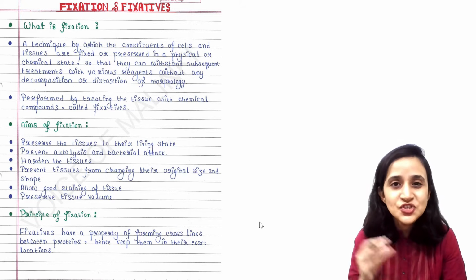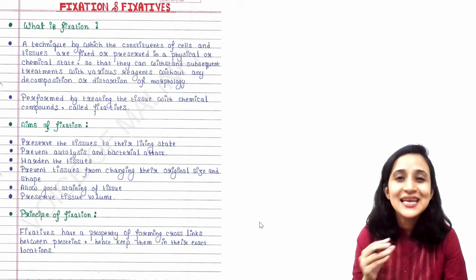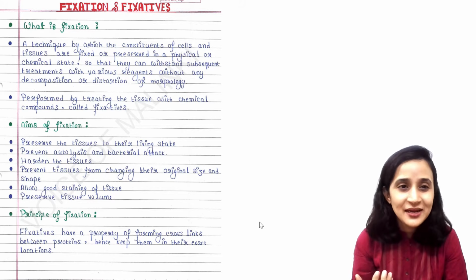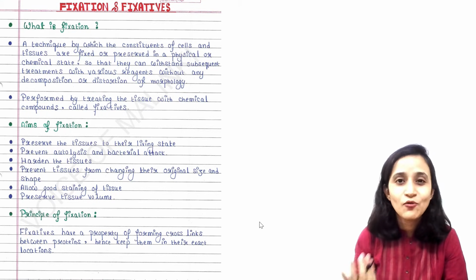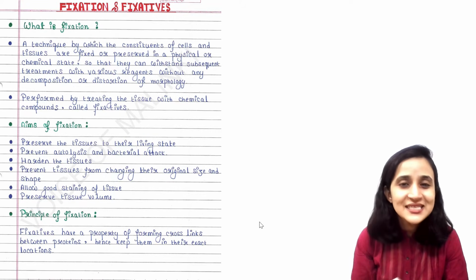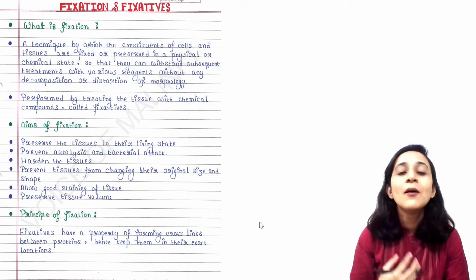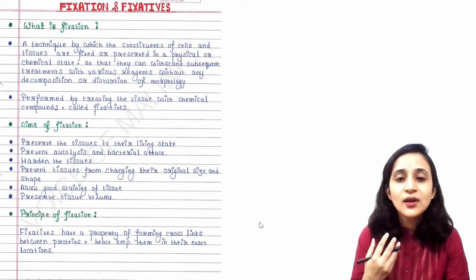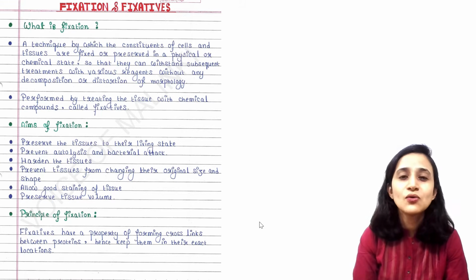So you need to check something that is there inside the cell. What is happening? What is the fishy thing or the abnormality that is occurring inside the cell? For that you isolate the tissue from the person's body. Now you need to check it under a microscope.